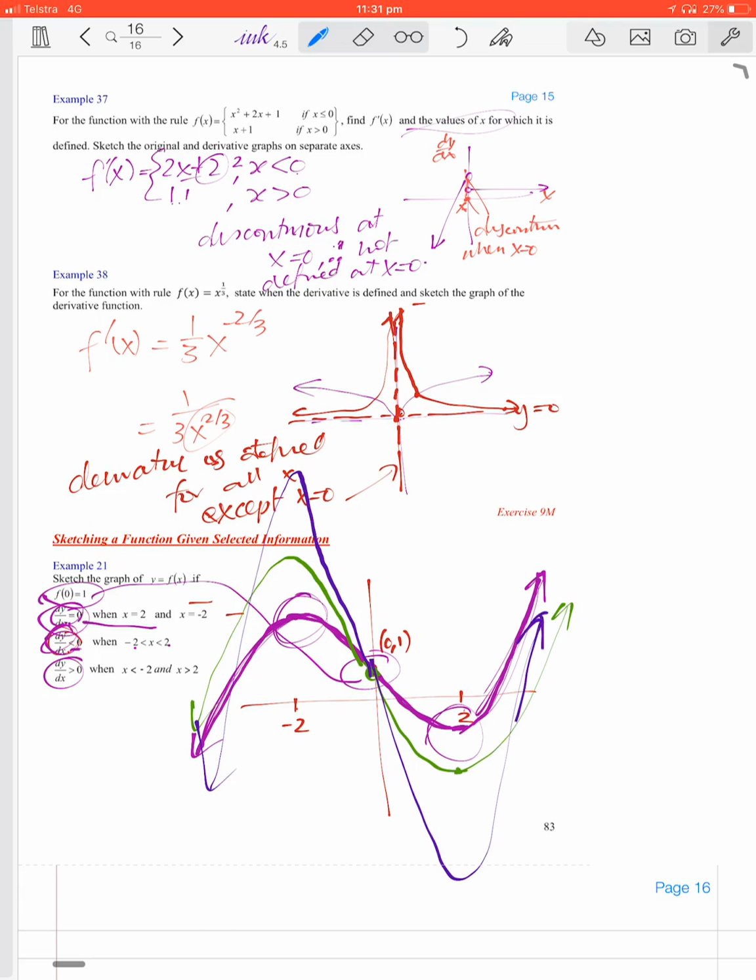They're all right, because it's like a family of curves. You can't tell exactly what it is. Okay, so as long as you fill out all this information, f of 0 is 1. It's got a gradient of 0 when it equals 2 and negative 2. The gradient's negative between those values and positive otherwise, then that's fine.